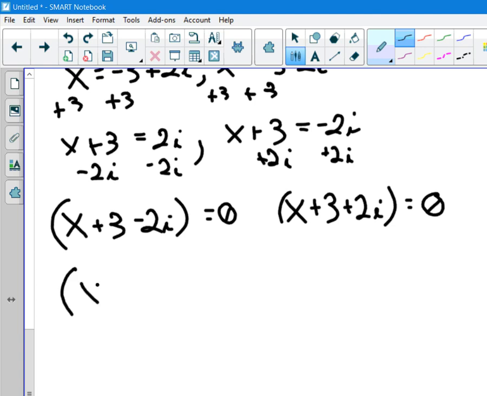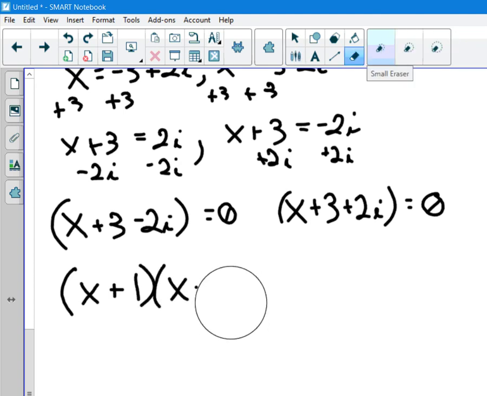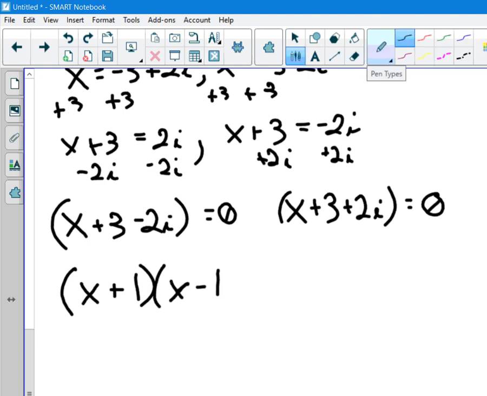And so then your final answer would be x plus 1, x minus 1, x minus 2, and you could either write x minus 2 times x minus 2, or you could write x minus 2 squared. That is also acceptable.